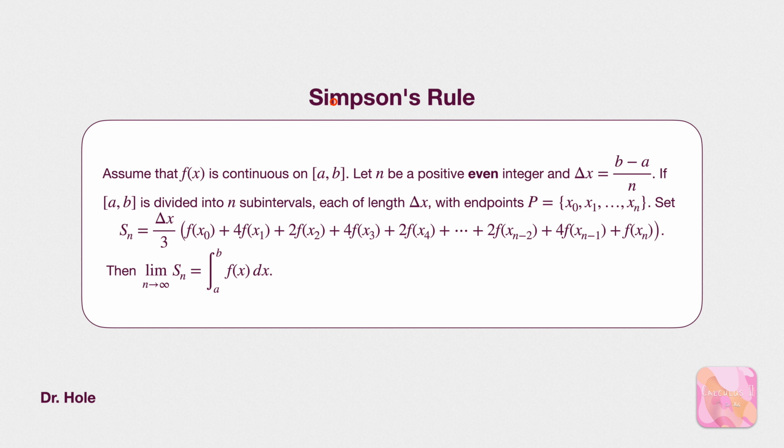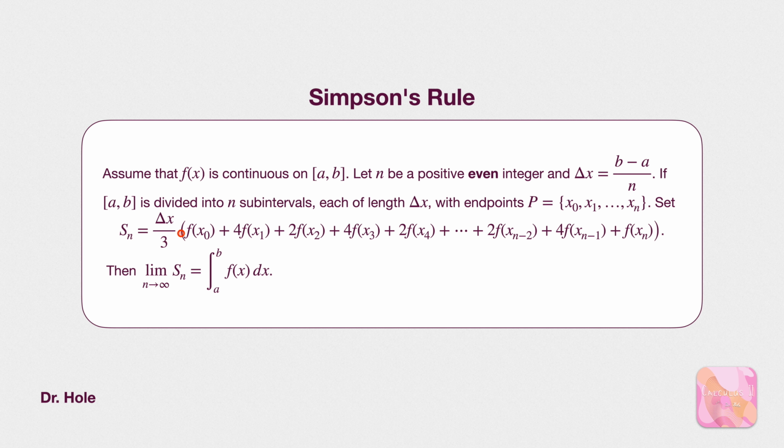And then Simpson's rule is the numerical approximation, s sub n. Delta x, notice that we're dividing by 3 in Simpson's rule.